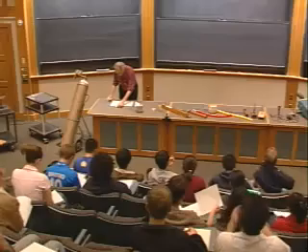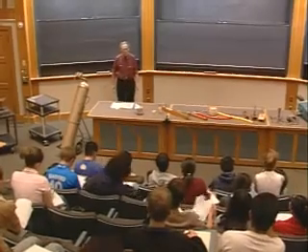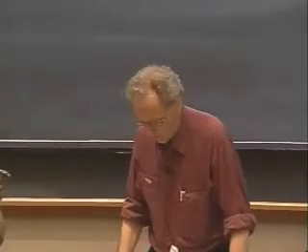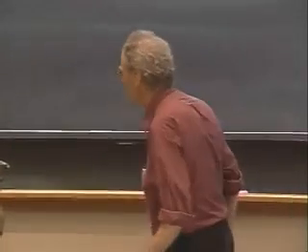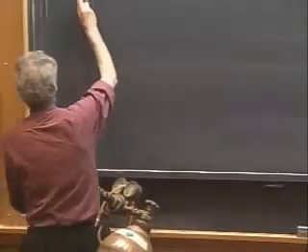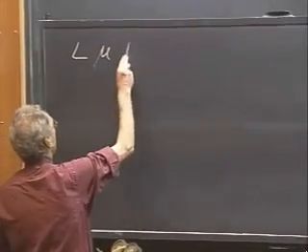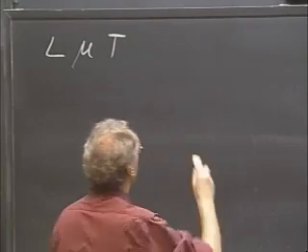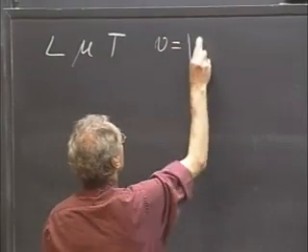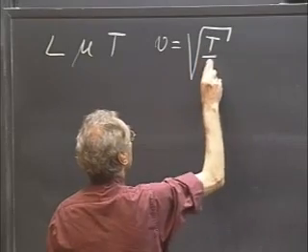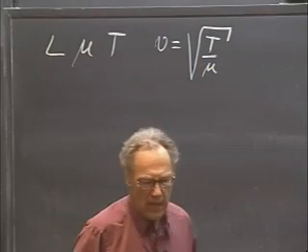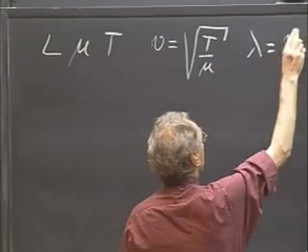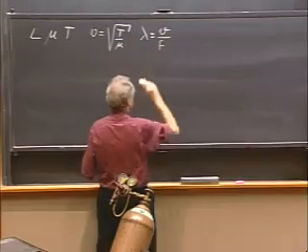I will summarize what we have learned about the normal modes of a string fixed at both ends, which is very relevant today for musical instruments. Suppose I have a string with length L, mass per unit length mu, and tension T. Then I know that the speed of propagation is the square root of T divided by mu, and the wavelength is always the speed of propagation divided by the frequency.